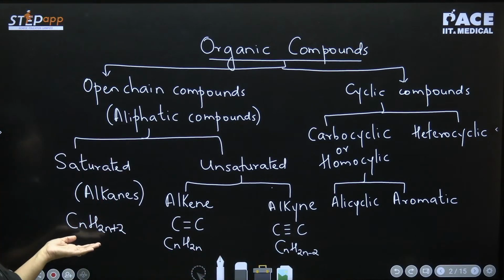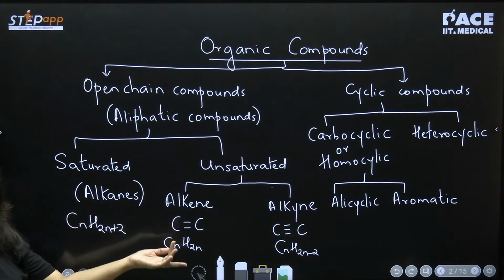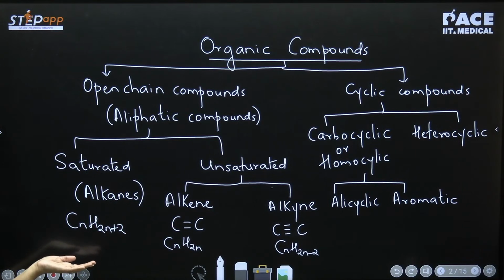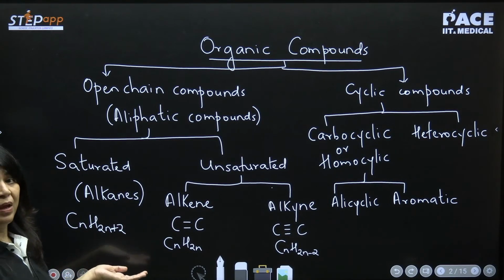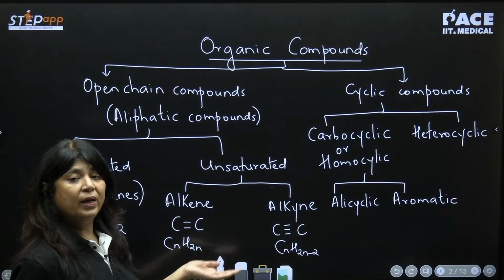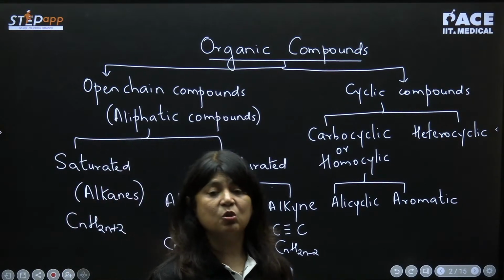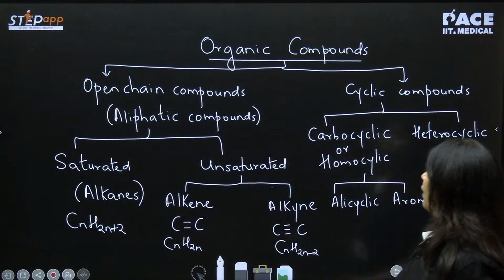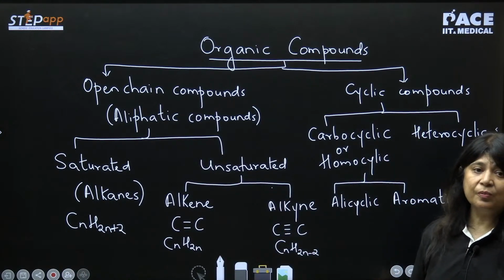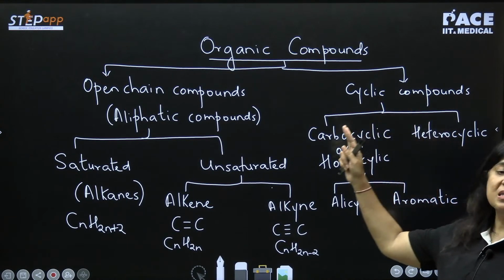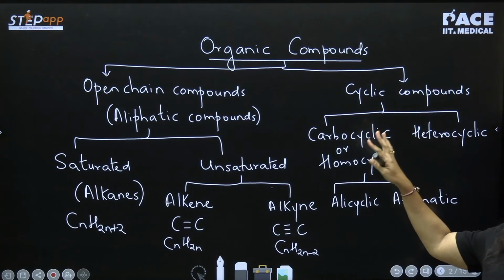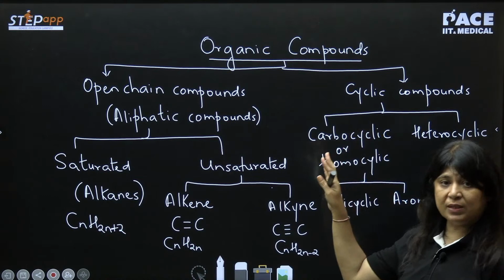I have given you the general formulas here for alkane, alkene, alkyne. Alkanes have a general formula of CnH2n+2, alkenes CnH2n, and alkynes CnH2n-2. Coming to the cyclic compounds now. Cyclic compounds again are classified into two types. You have carbocyclic, also called homocyclic.